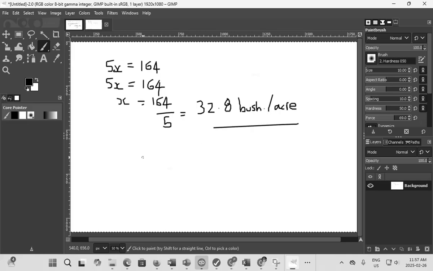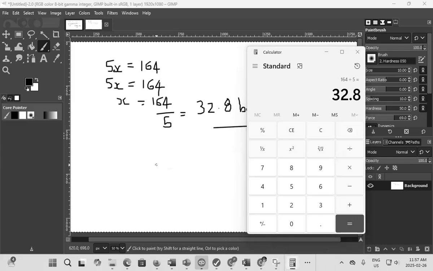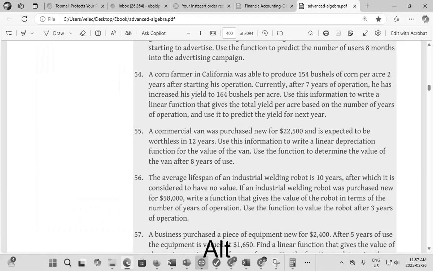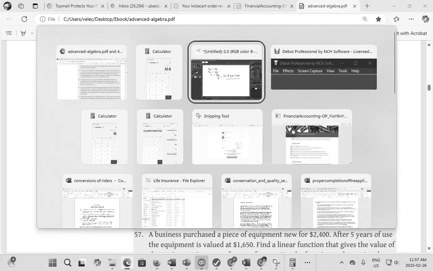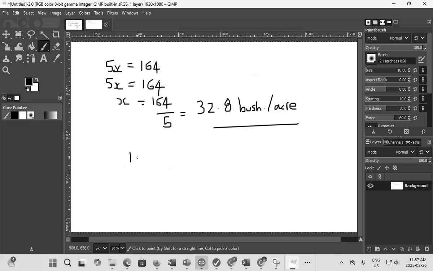The equation is as follows. We know the base is 154, after 2 years, 154 bushels per acre. So 154 plus the increase in yield, which is 32.8, times x minus 2.